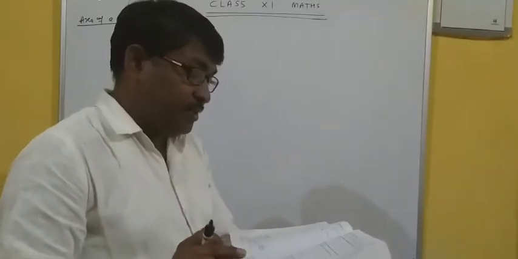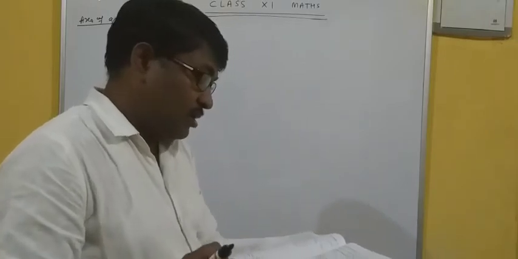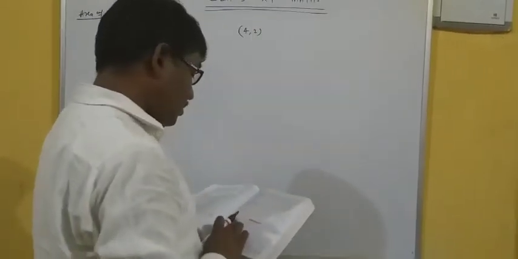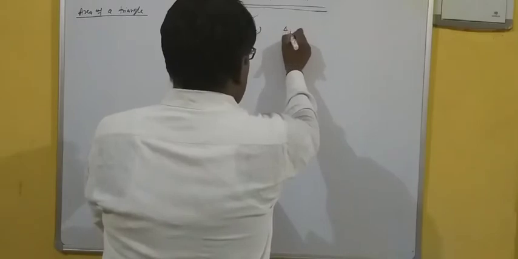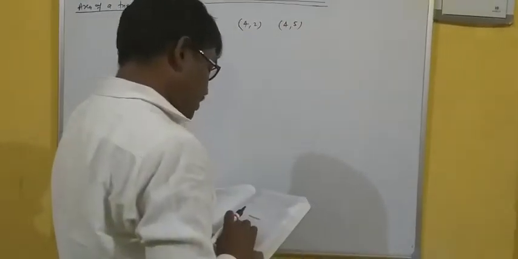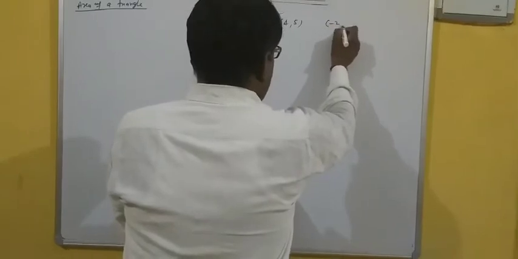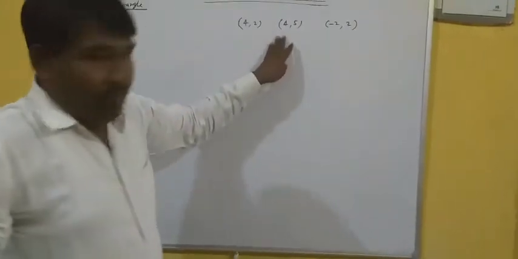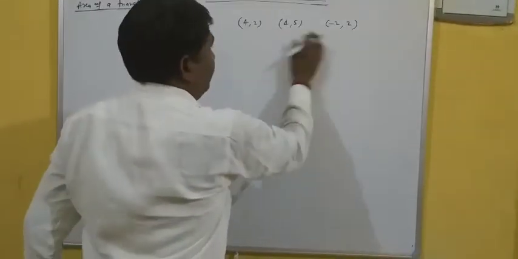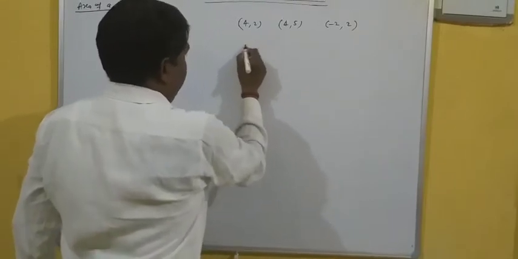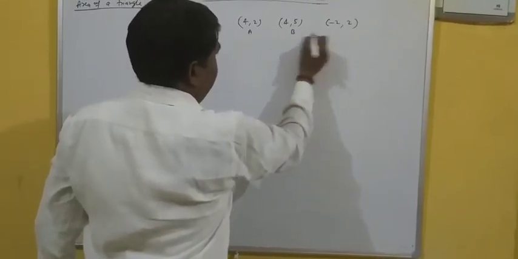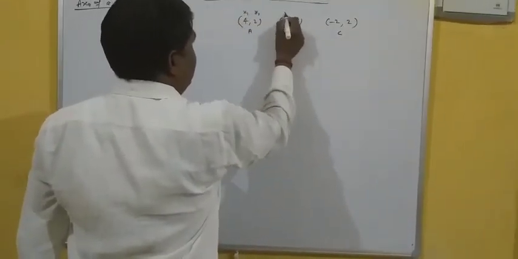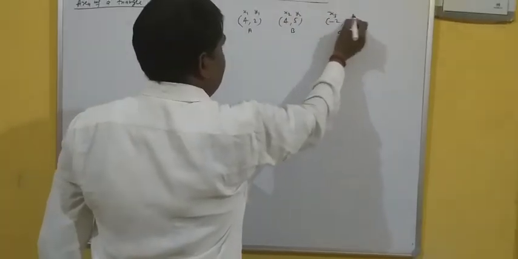Find the area of the triangle whose vertices are 4, 2; 4, 5; and minus 2, 2. So the area of the triangle you need to calculate whose vertices are given. Now, let A, B, C be the vertices and their coordinates be x1, y1, x2, y2 and x3, y3.